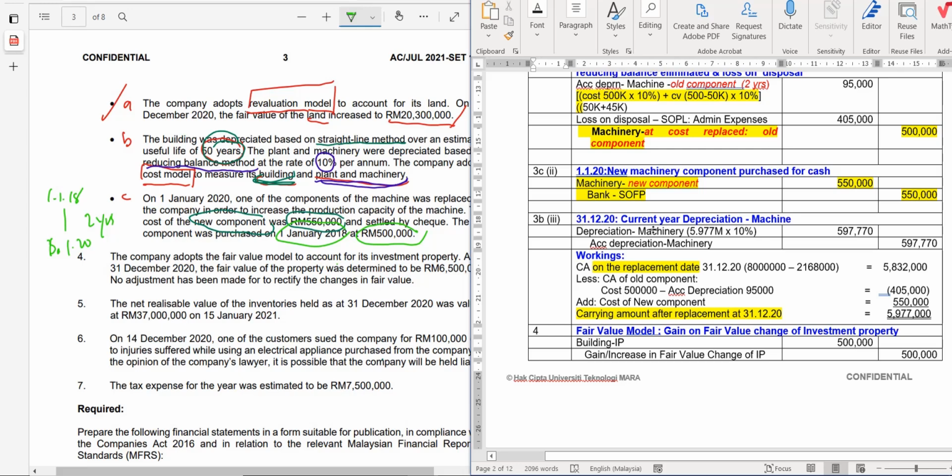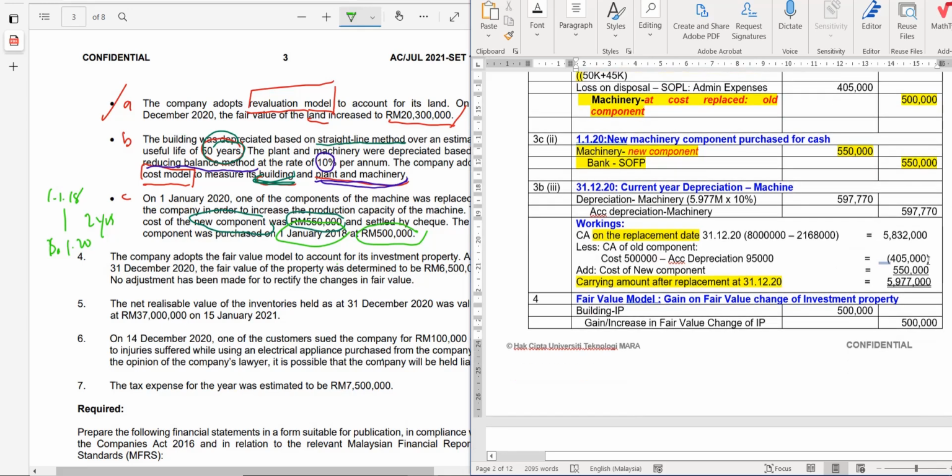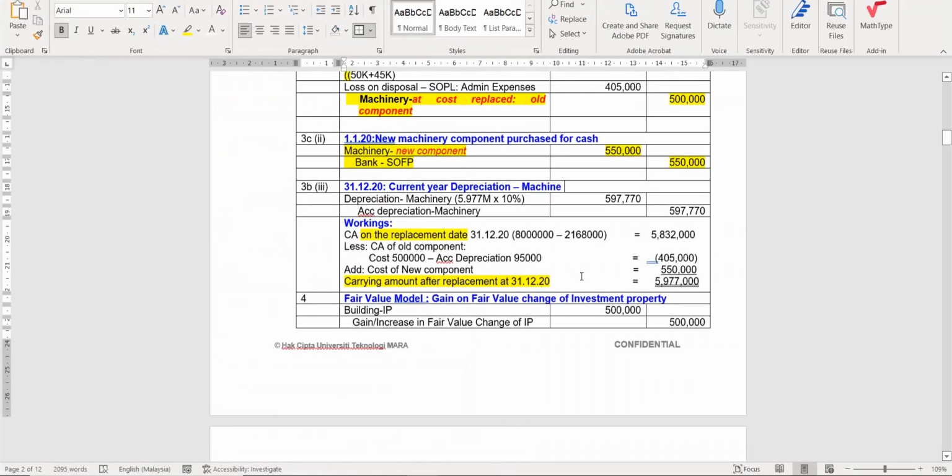Remember, the replacement was on 1st of January, so the depreciation here would be the new depreciation from 1st of January until 31st of December. You can see the workings that I put here. First, find out the carrying amount on the replacement date. How do you get this?